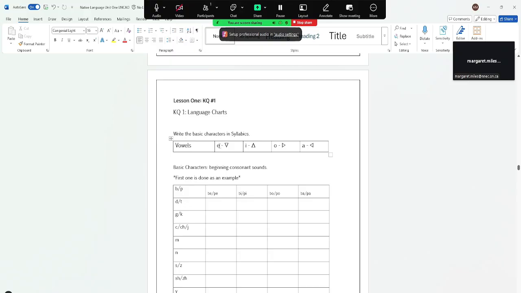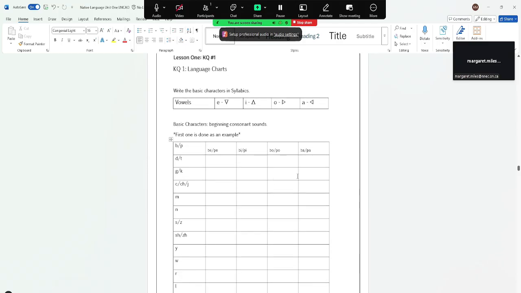In this example, it's written in Roman and in syllabic. So write the basic characters in syllabics, which is right here in this chart. The first one is done for you. Beginning consonant sounds, the first one. So you just have to fill them in.